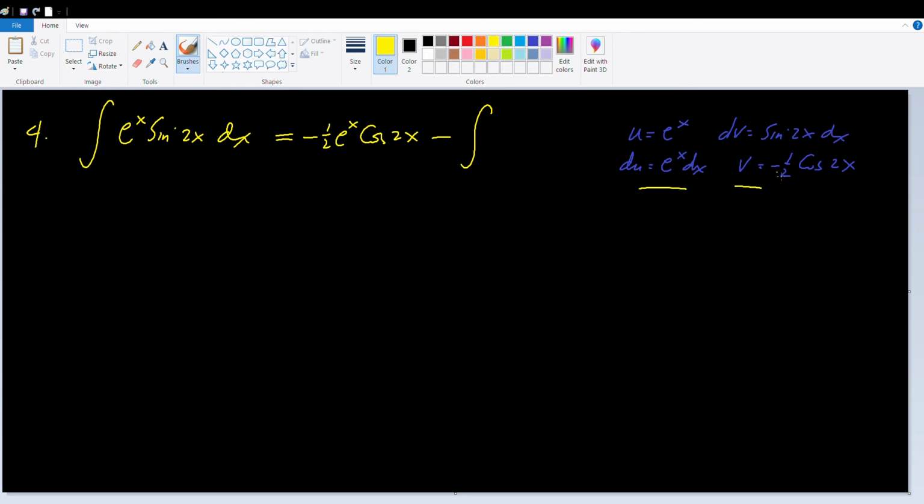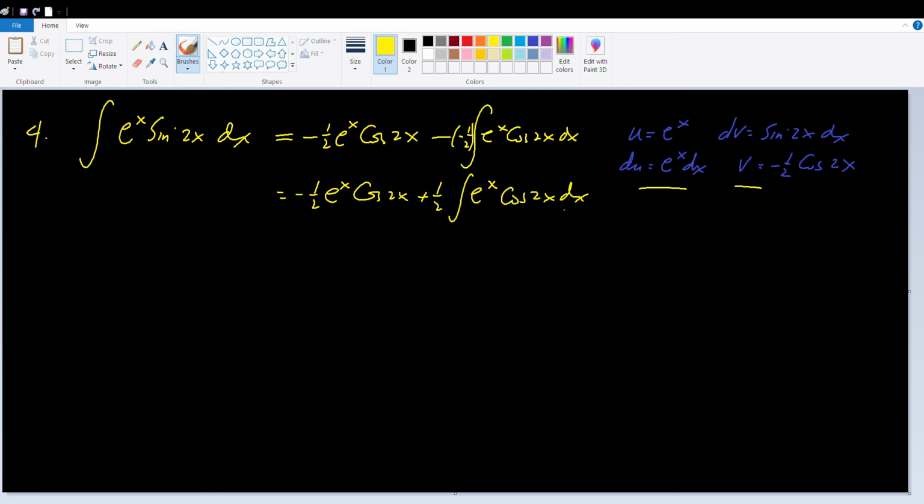So negative 1/2 e to the x cosine 2x dx. Alright? Or negative 1/2 e to the x cosine 2x plus 1/2 integral of e to the x cosine 2x dx.